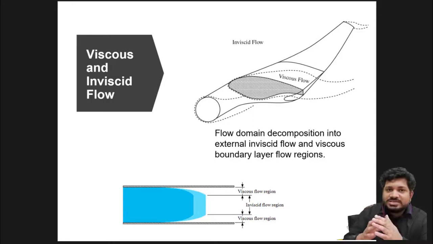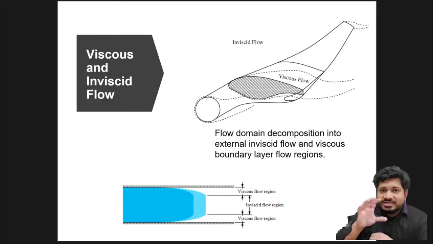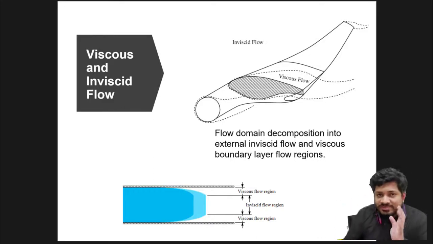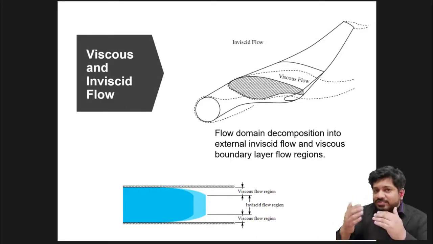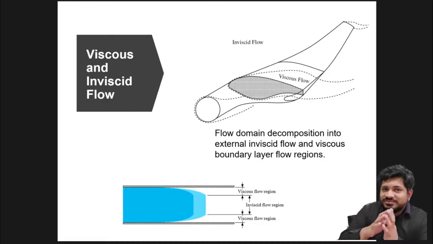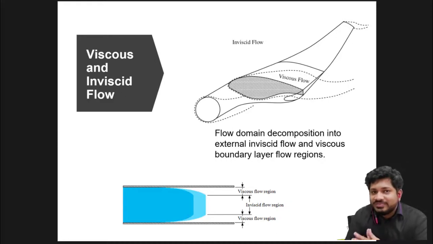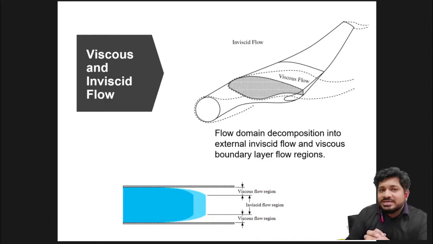So viscous flow means that we are considering the fluid viscosity as a property that is valid in that flow. However, in inviscid flow, we say that the frictional effects between the two layers are negligible or almost approaching zero. So when we say that the friction is negligible or not significant, then it means that we can say the fluid is inviscid.